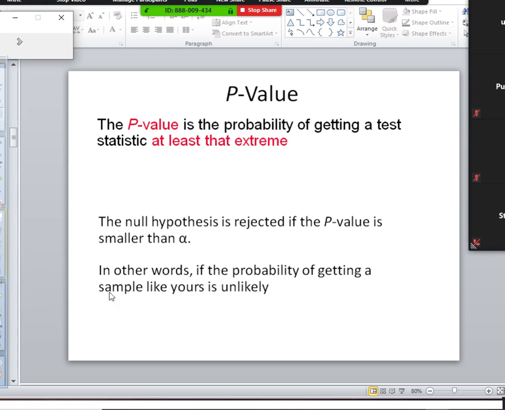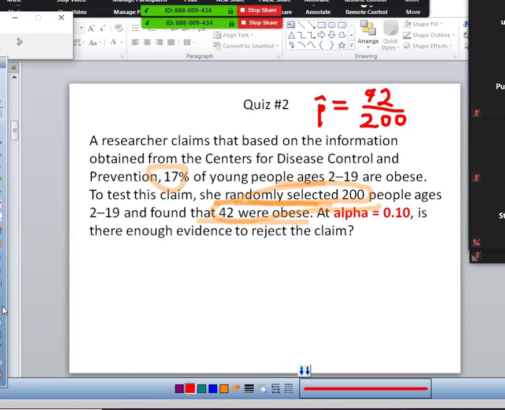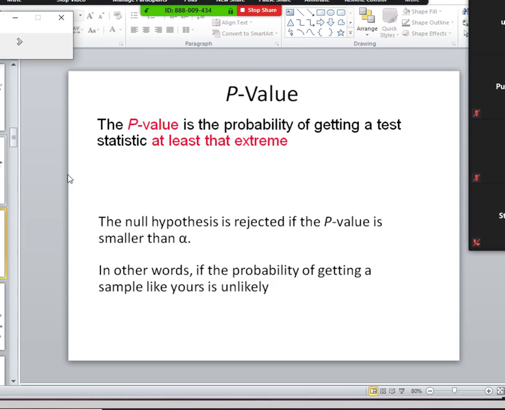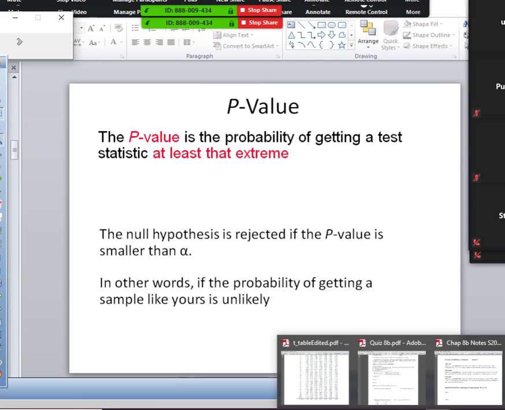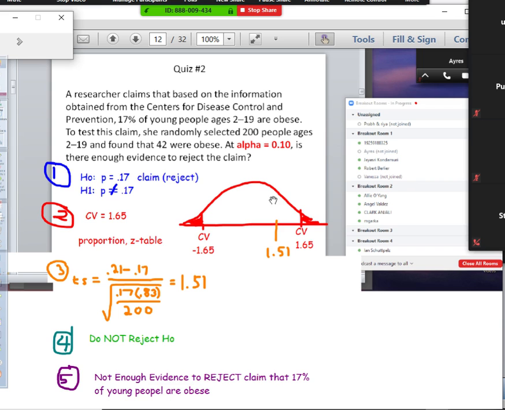Right. Thank you. So again, the p-value is the probability of getting your sample. So if the probability of getting your sample is small, then that means that most likely your mean is not where you thought it was, right? So, going back to what we had here, if your probability is small, as the likelihood of getting something like that is really unlikely, that means your mean is probably not here.